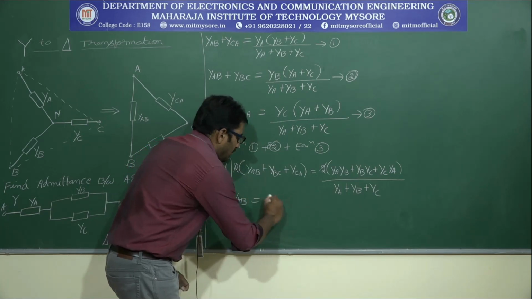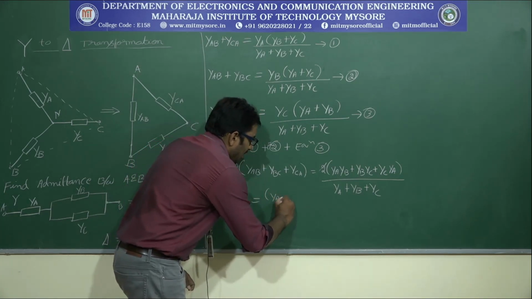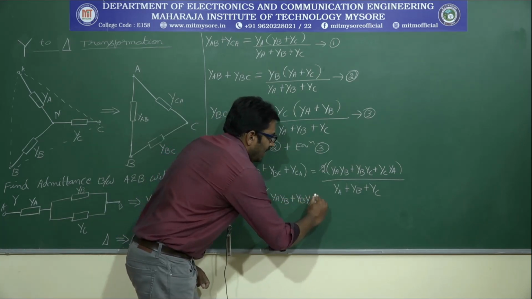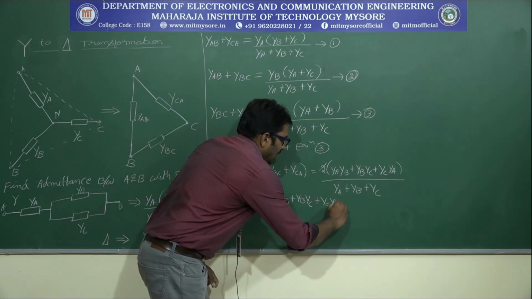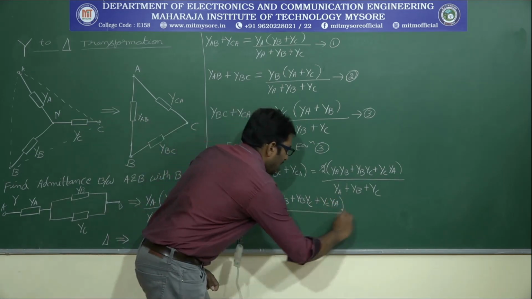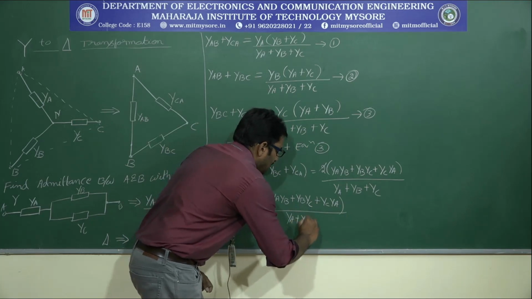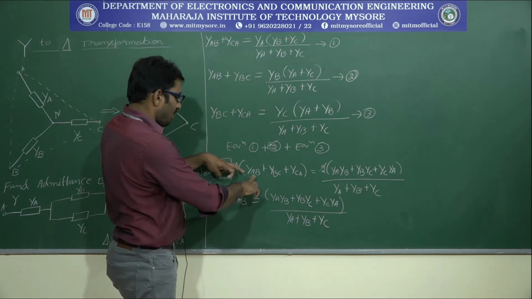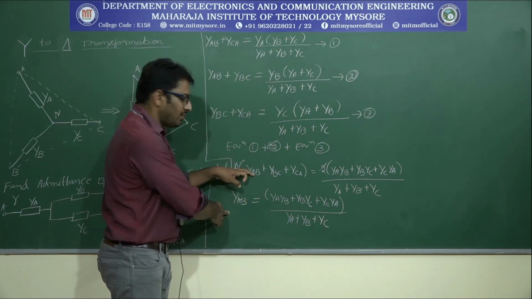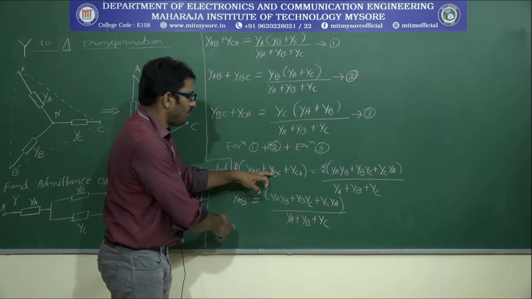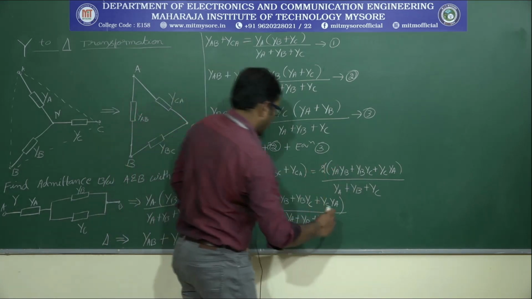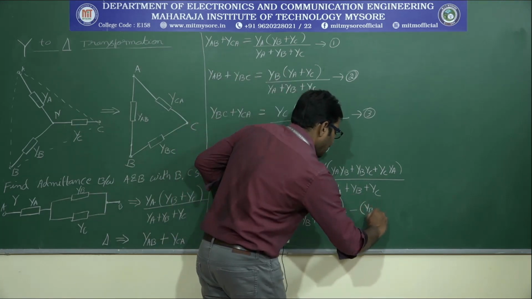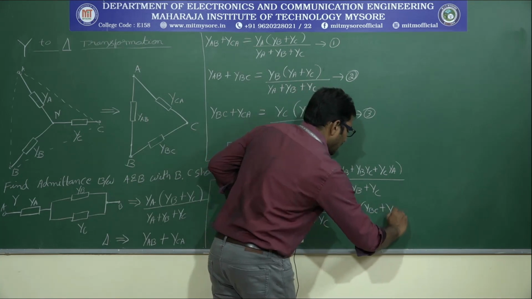YAB is equal to YA YB plus YB YC plus YC YA divided by YA plus YB plus YC, minus YBC plus YCA, shifted to the right side.